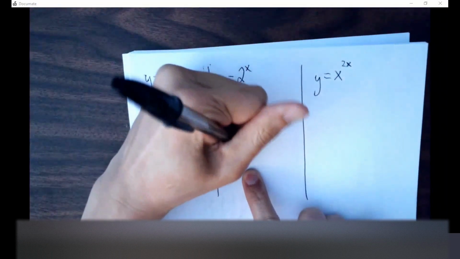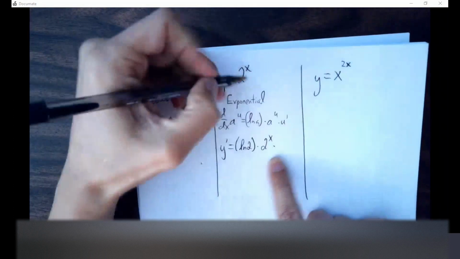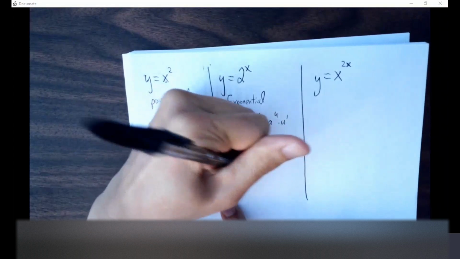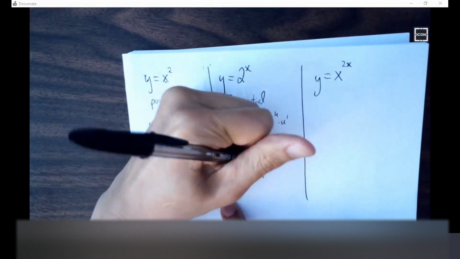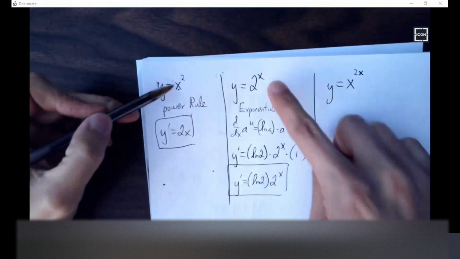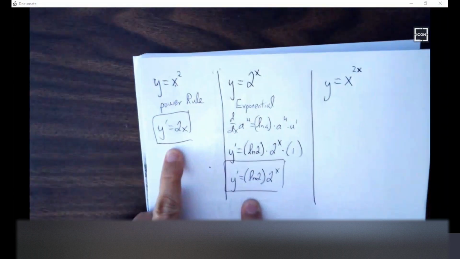So natural log of 2 times the original function times the exponent's derivative. Looks kind of similar, but very different rules.